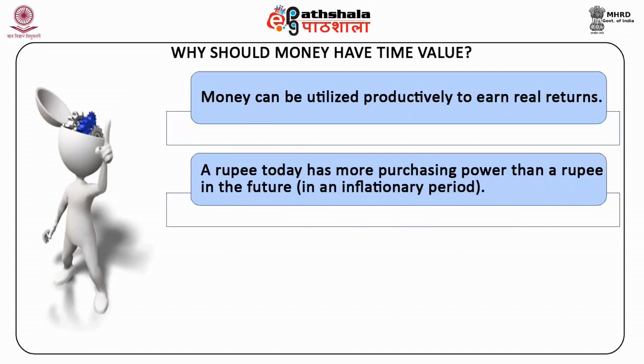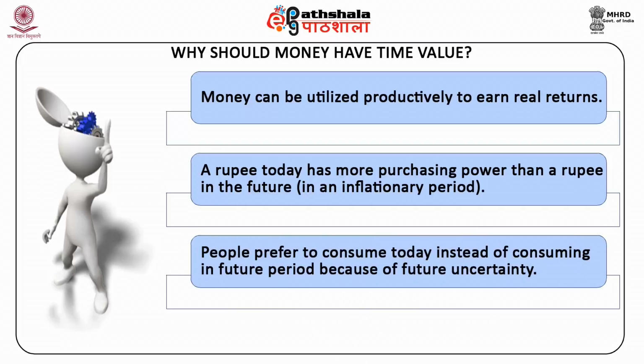A rupee today has more purchasing power than a rupee in the future. This is true in an inflationary period. People prefer to consume today instead of consuming in future because of future uncertainty.